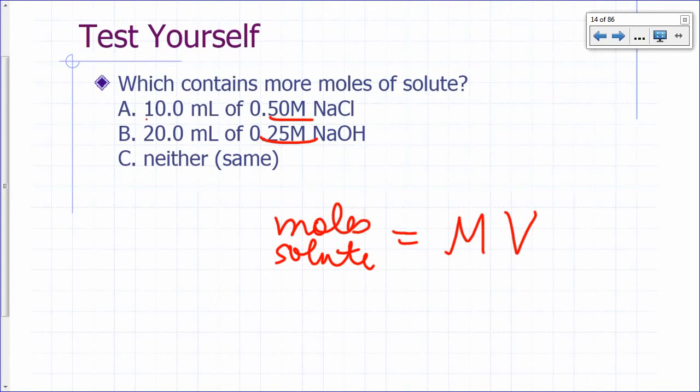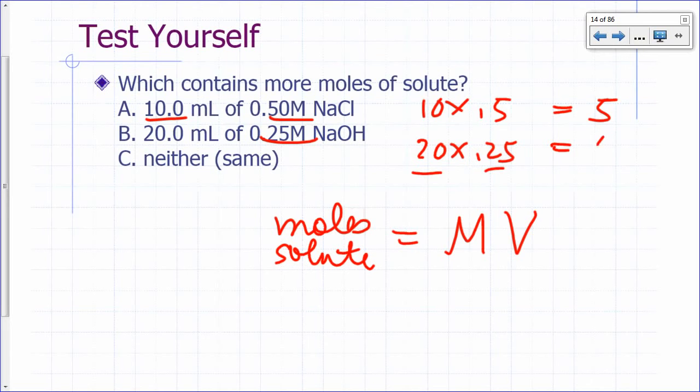So let's just multiply 10 times 0.5 versus 20 times 0.25. 10 times 0.5, half of 10 is 5. 20 times 0.25, that's a quarter of 20, that's also 5. So the answer here would be the same.